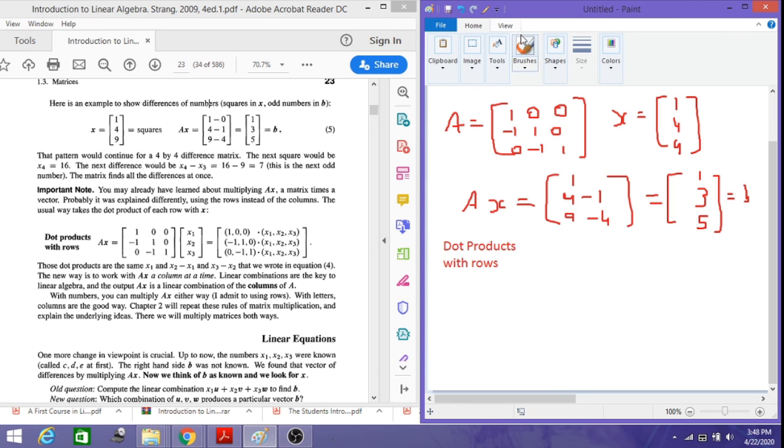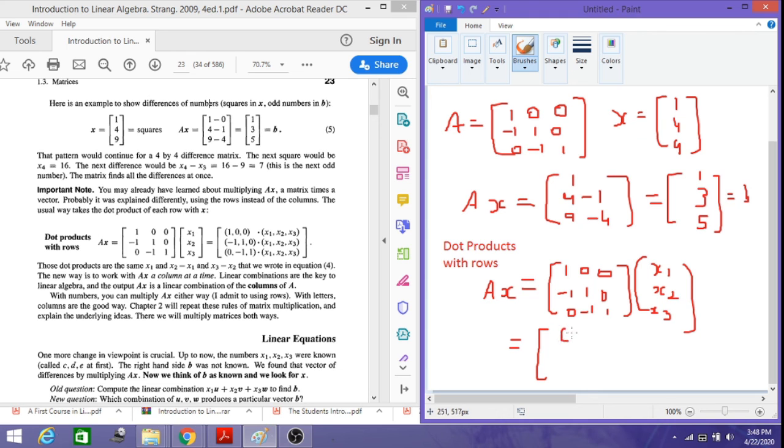Dot product with rows, then it is something like Ax is equal to, we'll take the same A here, that is 1 0 0, minus 1 1 0, and 0 minus 1 1, and when we take this as x1, x2 and x3, it is (1, 0, 0) dot product with (x1, x2, x3).